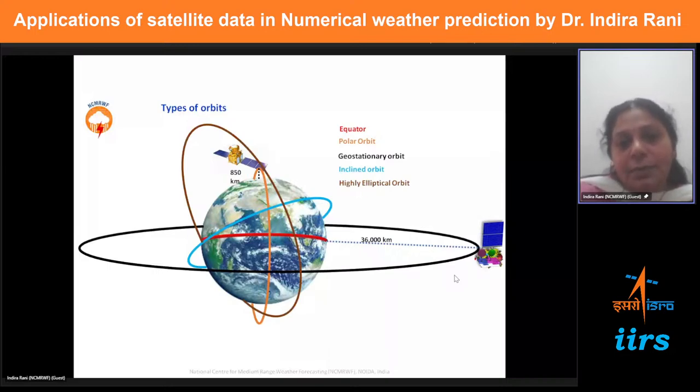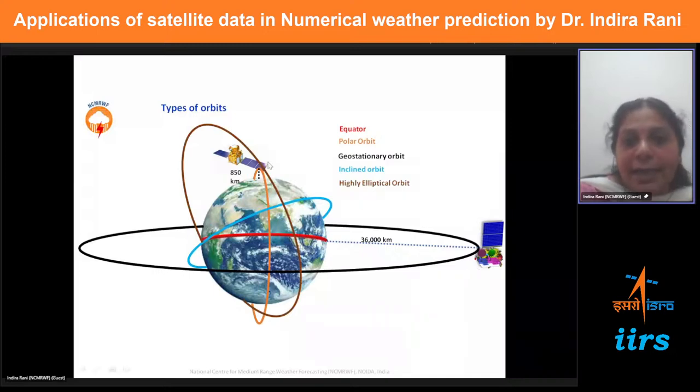Highly elliptical orbit means, as you know, with the geostationary satellite we can scan a particular area continuously, 24 by 7, throughout the year. But it is not true over the polar region. Over the polar region, we don't have much station time for a particular satellite.